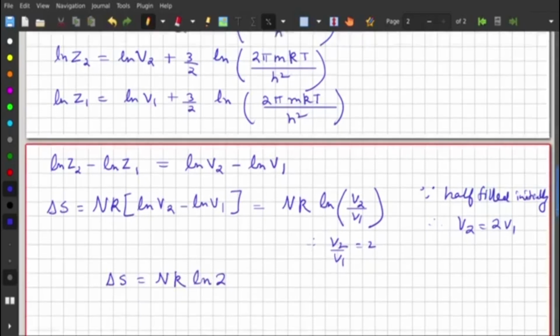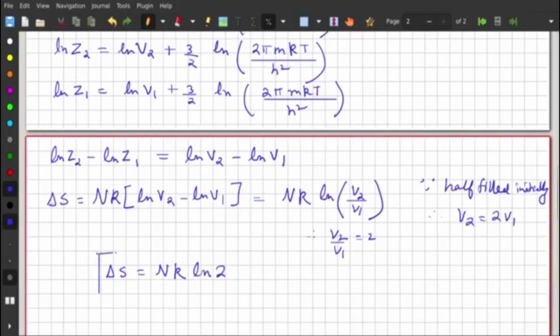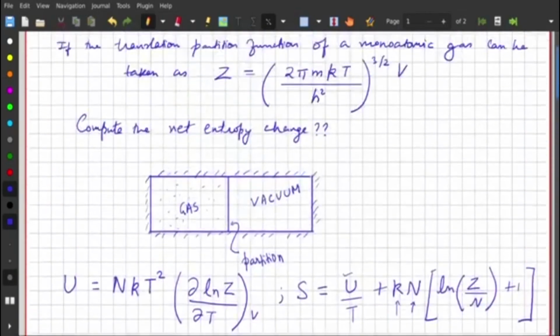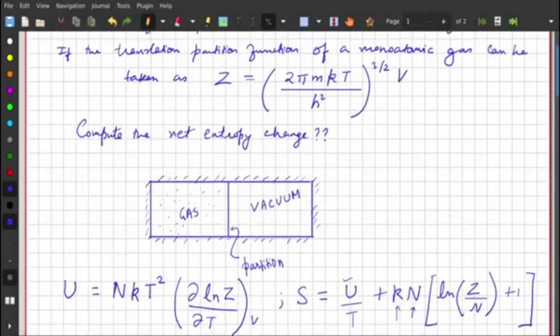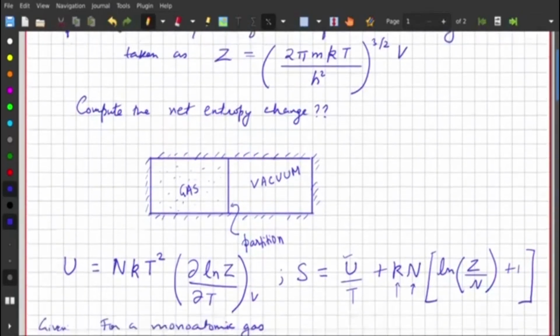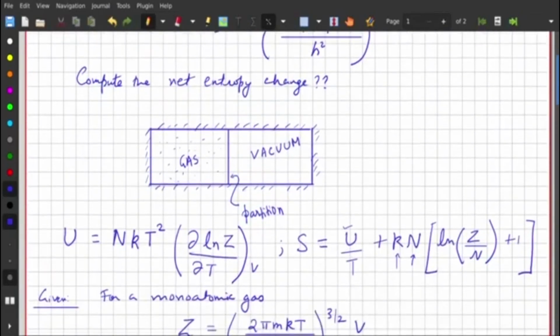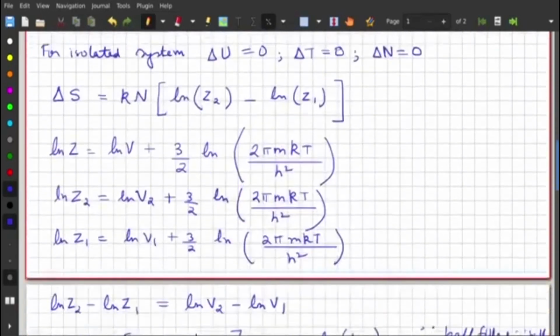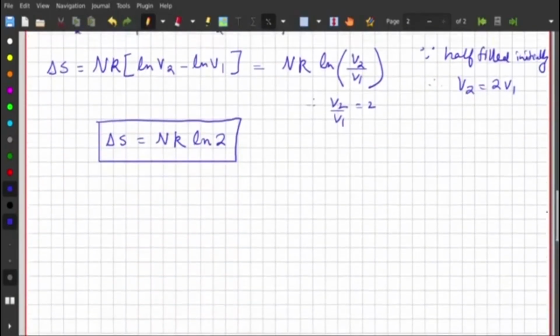Okay, so that's the entropy change in terms of the number of particles and the Boltzmann constant, for the process where initially there was gas in half of the container and a partition was separating it. When we break the partition, the gas fills the entire vessel, and the entropy change is given by this. Let's see whether we can come to a similar expression from the classical thermodynamics point of view.